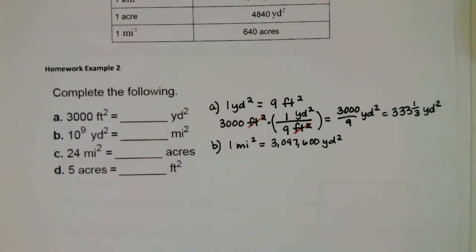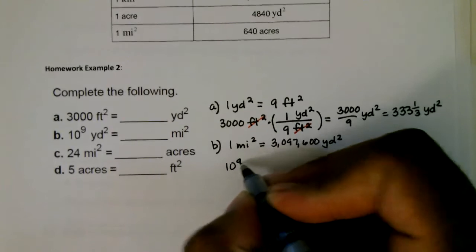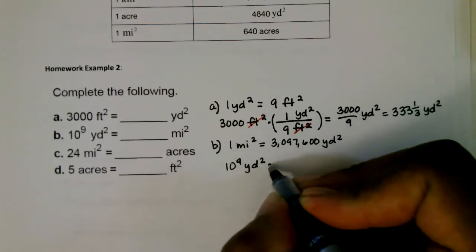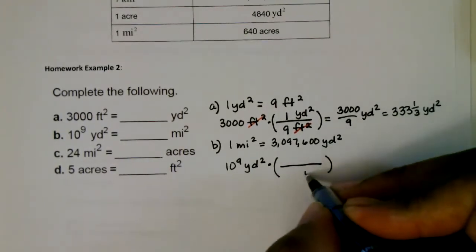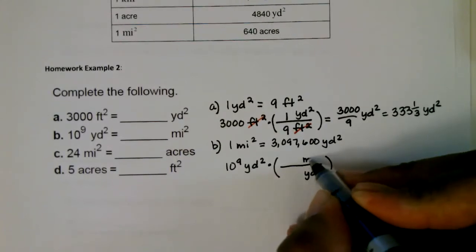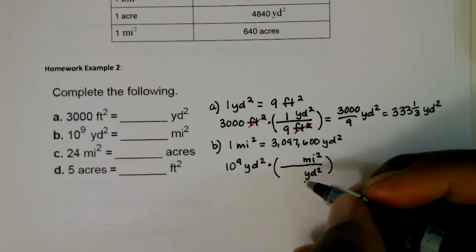So 1 square mile is going to be this amount, 3,097,600 square yards. So 10 to the 9th, and this is in square yards, that's going to be multiplied by, now I'm converting from square yards, so the square yards go in the denominator, the square miles will have to go in the numerator because that's what I'm converting to.